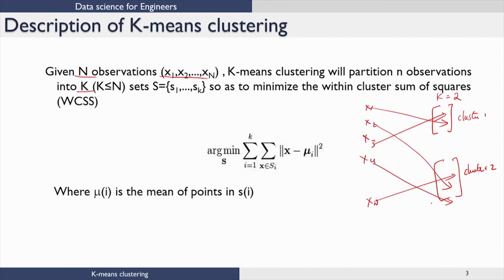All you are doing is taking all of these data points and putting them into 2 bins, and while you do it, what you are looking for in a clustering algorithm is to make sure that all the data points in this bin have certain characteristics which are alike. If I take 2 data points here and 2 data points here, these 2 will be more like each other, but if I take a data point here and one here, they will be in some sense unlike each other.